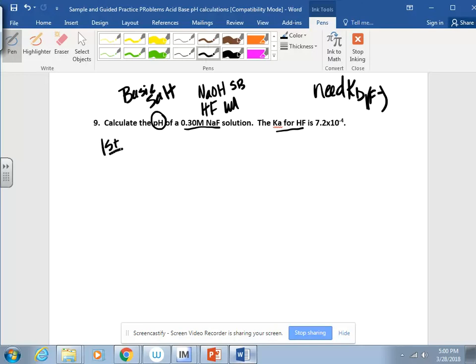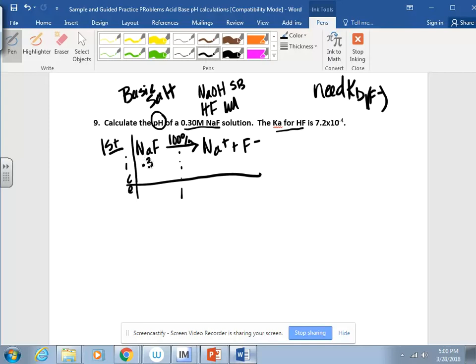The first step was to dissociate your salt 100%. This is a soluble salt, so sodium fluoride dissociates 100% into the sodium ion and the fluoride ion. Now remember, if it's 100% dissociation, I'm only going to ice this one time just to remind y'all that in this case, since this is 100%, the E stands for end, not equilibrium.